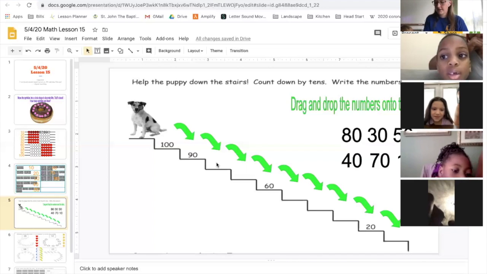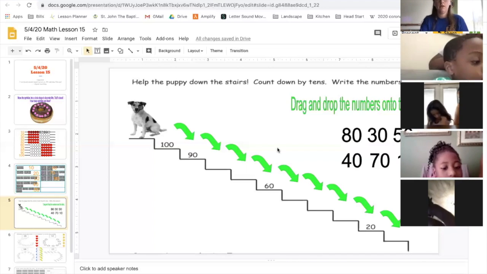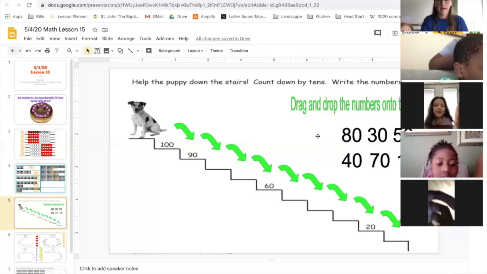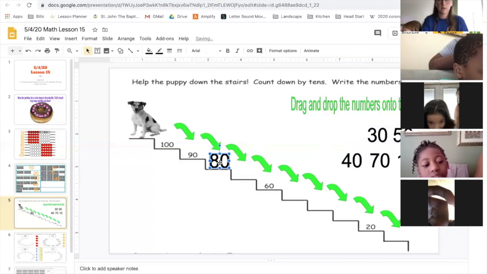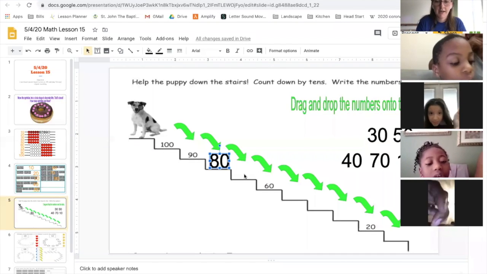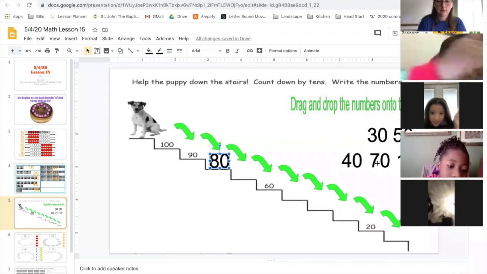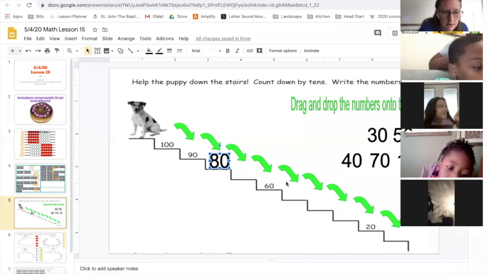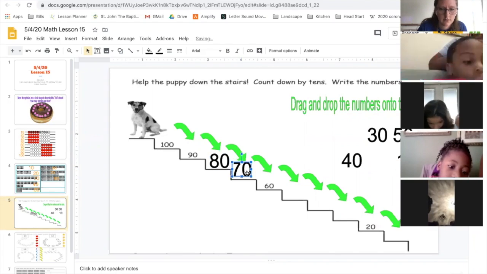What comes next? 80. And what comes next? After 80 is 70.